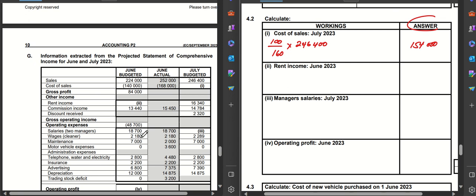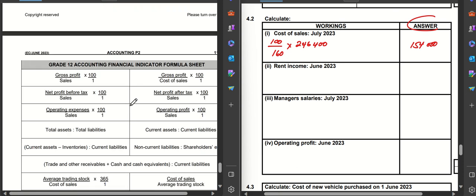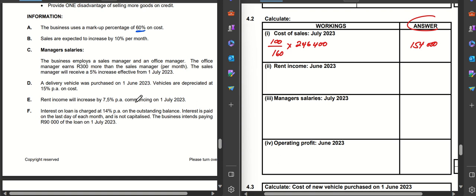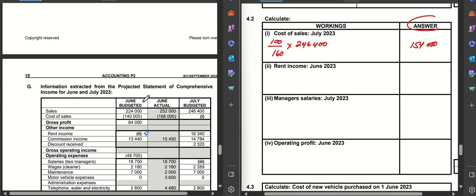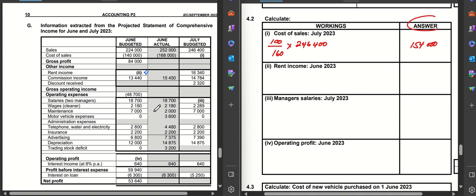The next one, which is number 2, says calculate the rent income. So we come to the information on the rent income, and it says information E, rent income will increase by 7.5% per annum commencing on the 1st of July.